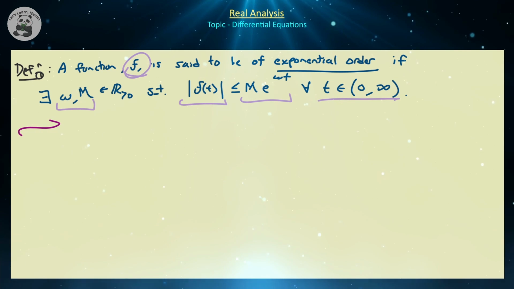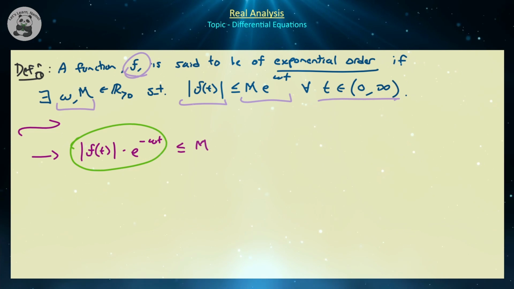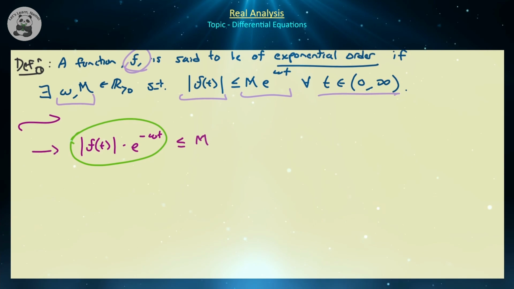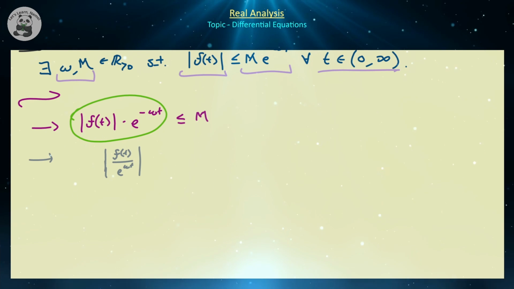If this is true, we can also write this as the absolute value of f of t times e to the minus omega t must be less than or equal to some number m. So you can think of this as a function being bounded by a constant. You could also look at this as a quotient, the absolute value of f of t over e to the positive omega t, and that being bounded.